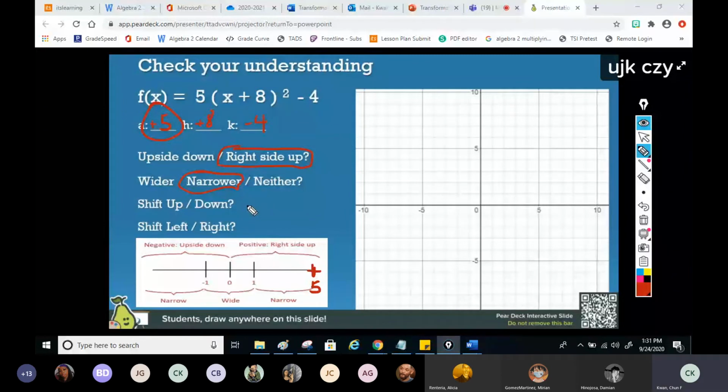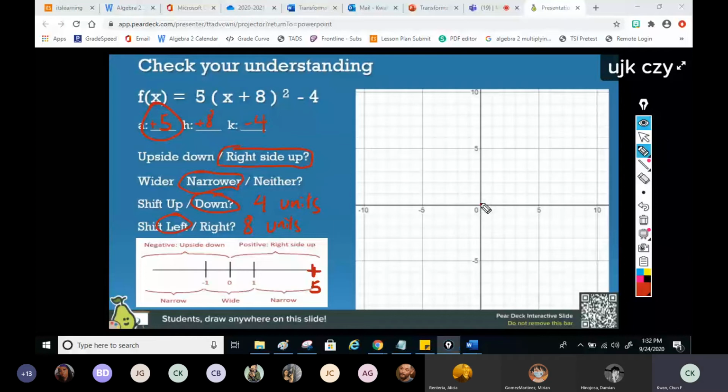And then it's shifted down by 4 units because this is a minus right here. And then also because of the plus, you are shifted to the left by 8 units. All right, so right here, 0, 0, I'm going to shift down by 4 units.